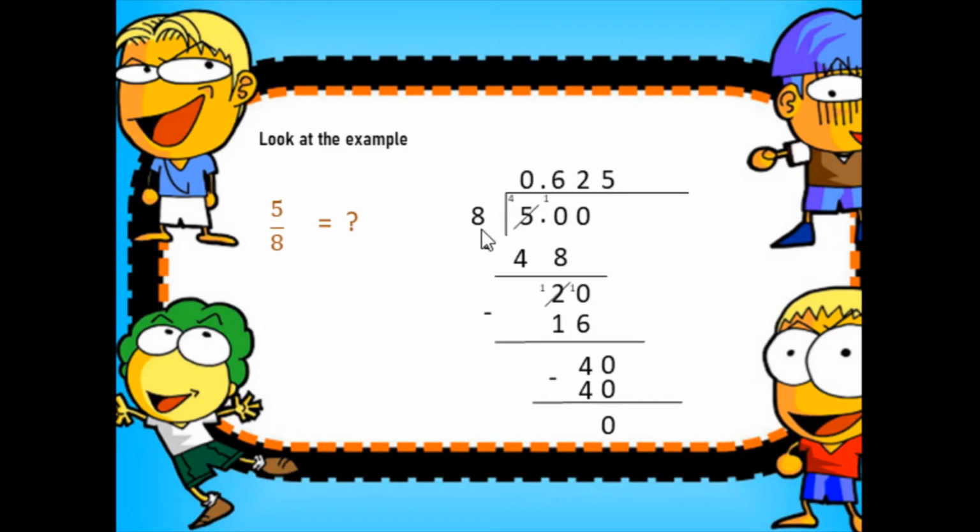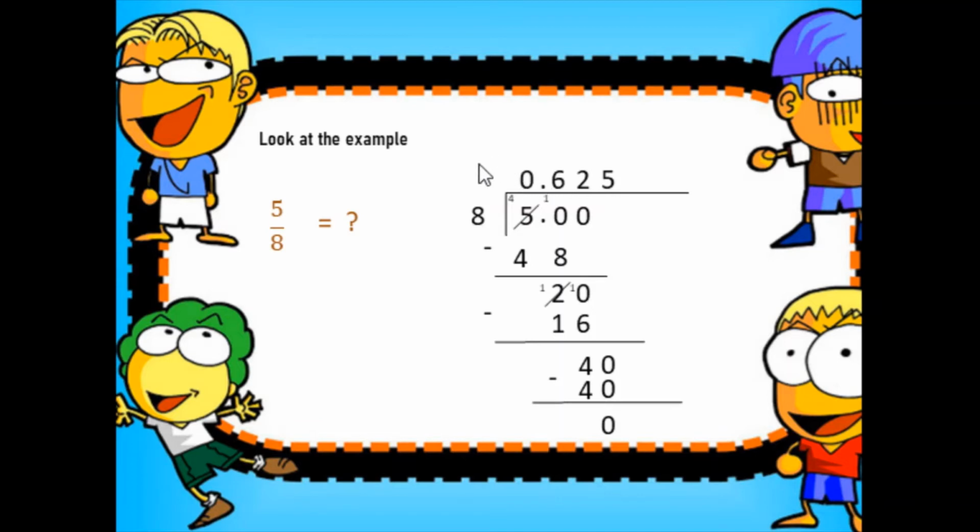Just follow the arrow on your screen. Next, after dividing it, we look at if it's possible to divide. Is 5 divisible by 8? Yes or no? No, very good. So that means we have to add 0 next to 5. So this time it becomes 50. 50 divided by 8. Alright, it is 6. Good job.